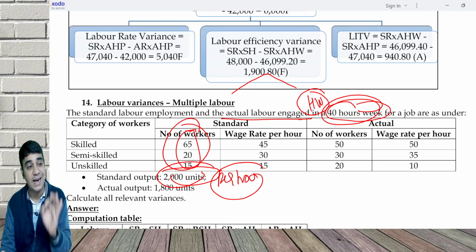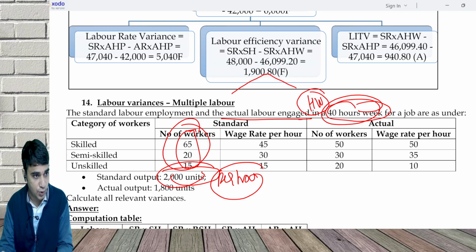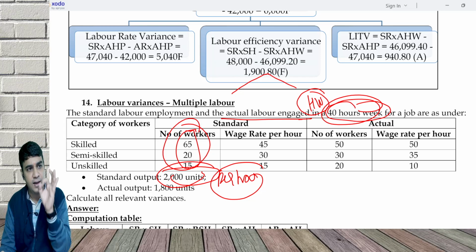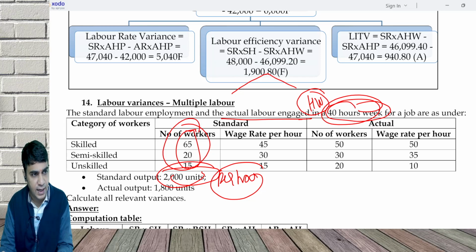So the standard equation is 2000 units is equal to 4000 hours. Be very clear in the standard equation. Many a times you make mistakes in this only. I don't want you to look at actual output. That's of no use.